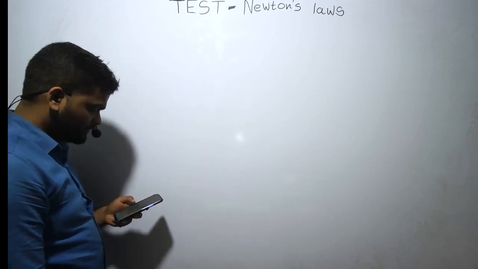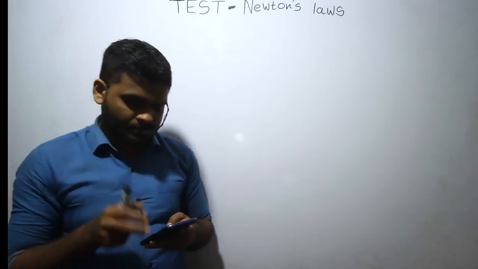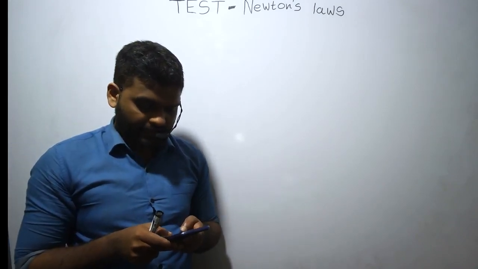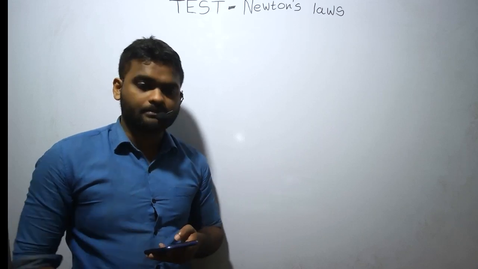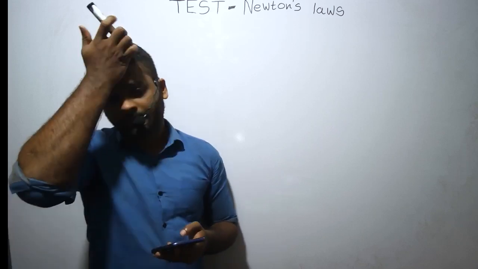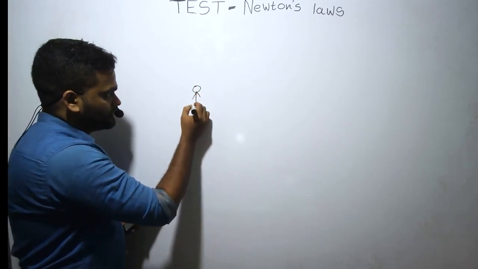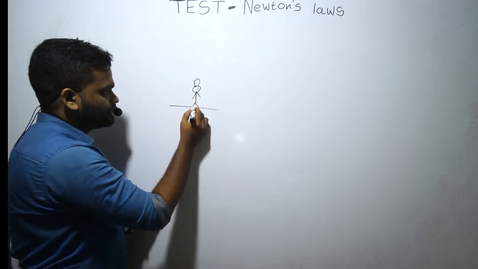Right. Then the seventh question. When a man with weight W with a parachute lands, acceleration of 3g acts upwards on him, right? So let's say there's the man. There's a parachute as well, it doesn't matter.